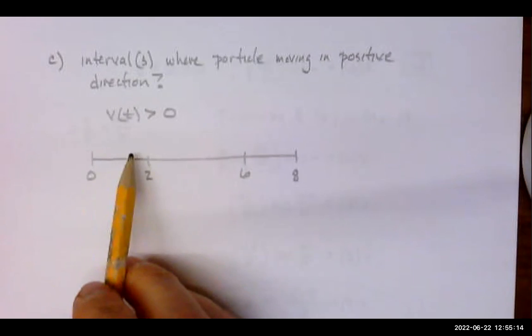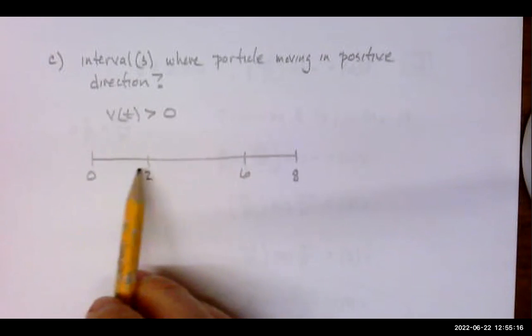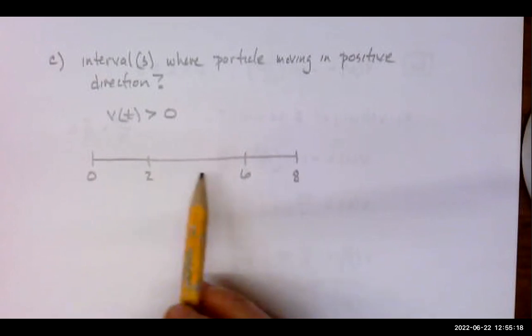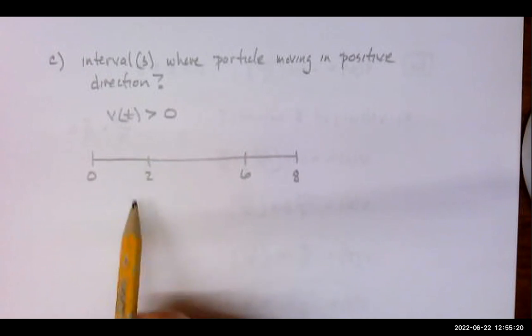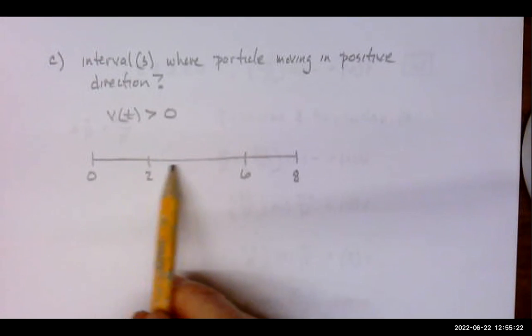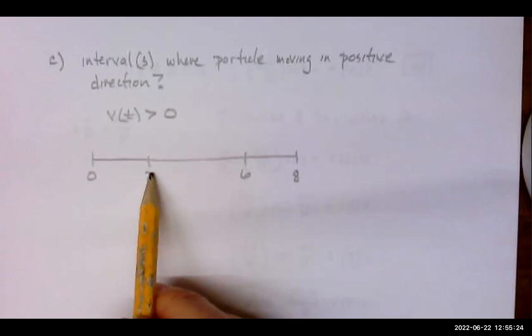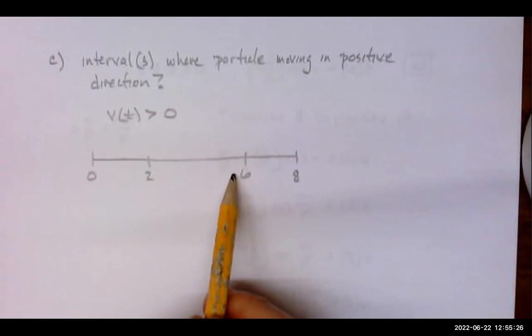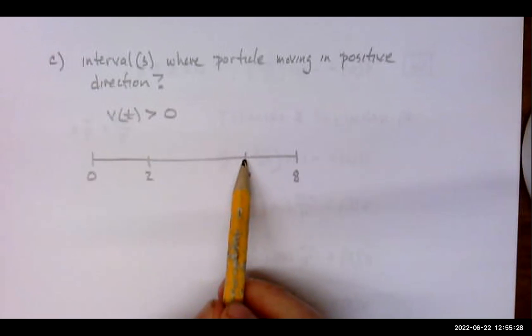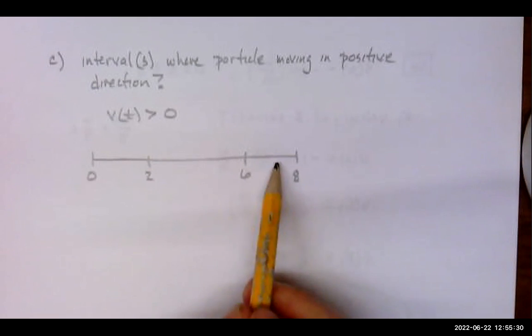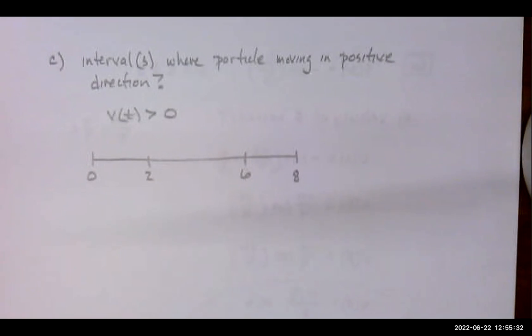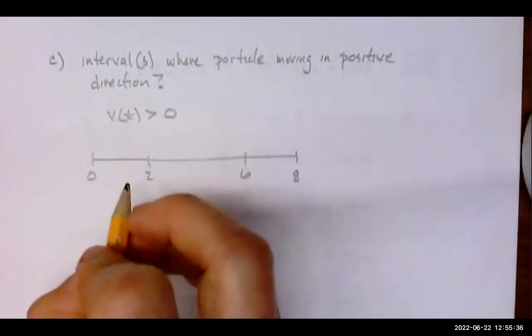So it's going in a particular direction for the first 2 seconds. Then it's going to slow down, stop, and then start moving in the other direction for the next 4 seconds. Then it comes to a stop again, and then again begins moving in the other direction for the last 2 seconds.